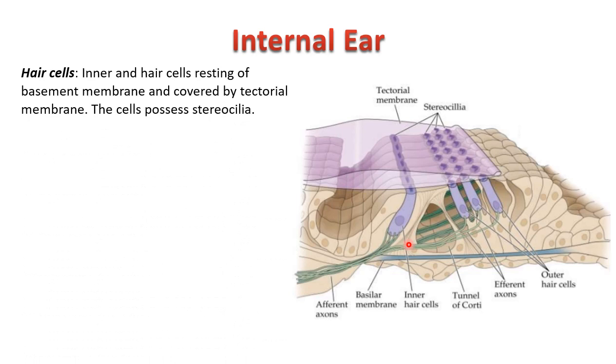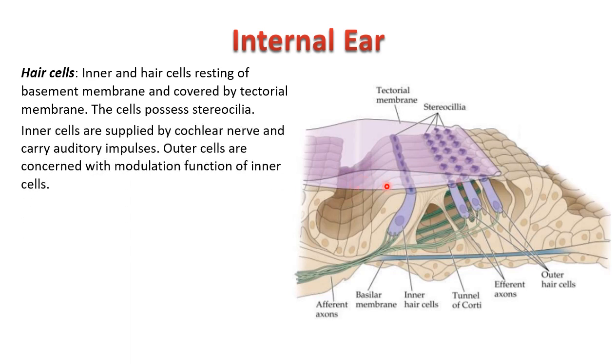Then the sensory cells, the hair cells, the inner hair cells and the outer hair cells, all possess stereocilia. Outer hair cells have 80 to 100 stereocilia, and inner hair cells have around 40 to 50 stereocilia. These stereocilia will touch this membrane, which is called the tectorial membrane, a gelatinous material.